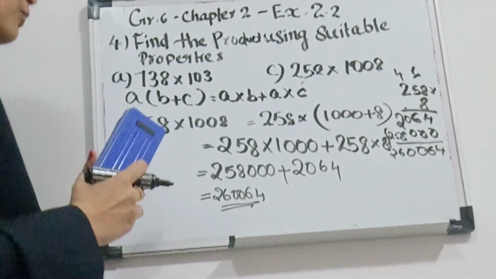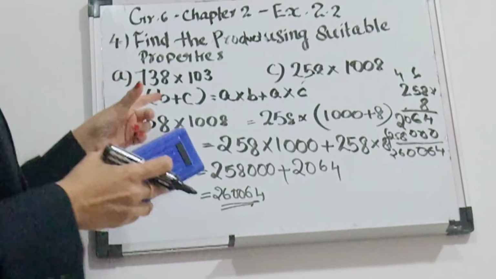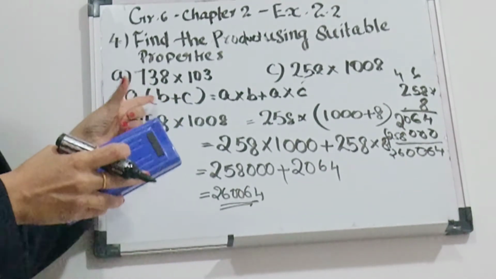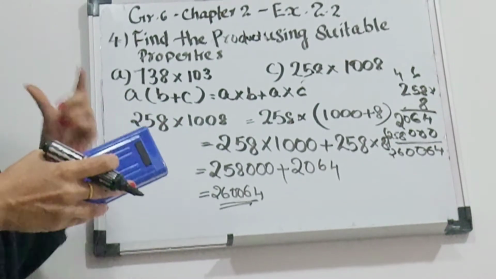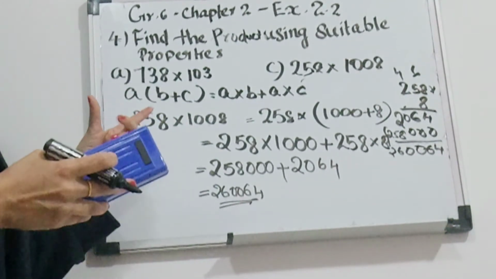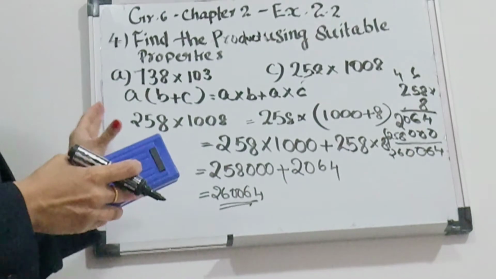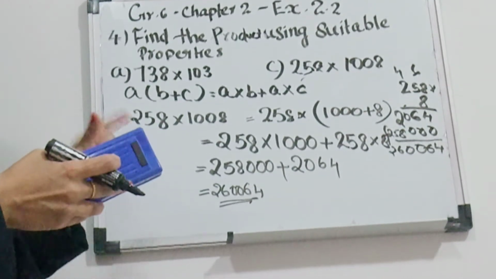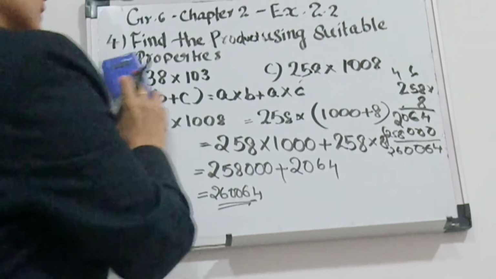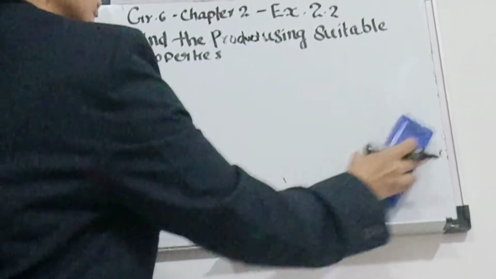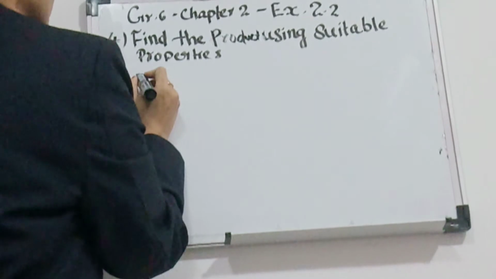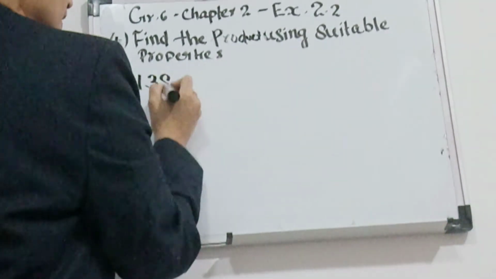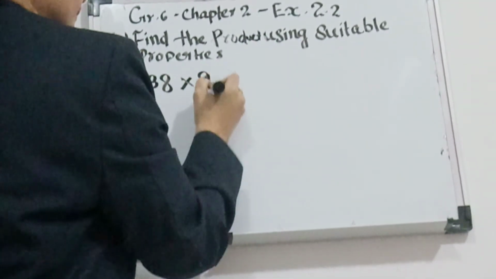I will give you one more example. Here this property is the distributive property of multiplication over addition. Now we are going to use the distributive property of multiplication over subtraction. The question is, this is an example, 138 into 98.